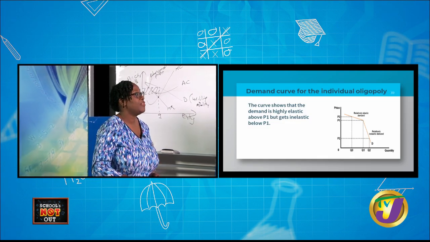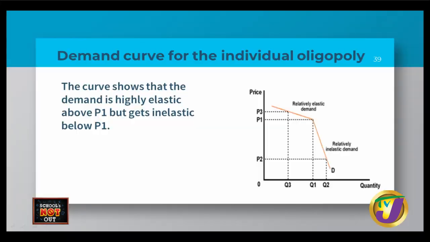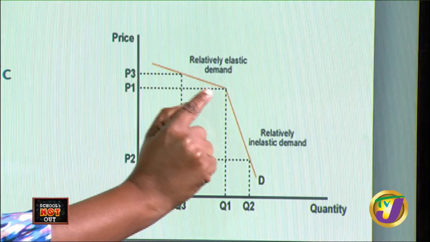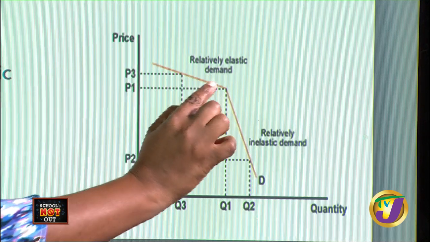Here we have the demand curve for the individual oligopoly. The curve shows that the demand curve is highly elastic above P1 but gets inelastic below P1. If we zero in on this diagram, you'll see that this part of the demand curve is relatively elastic in its demand.